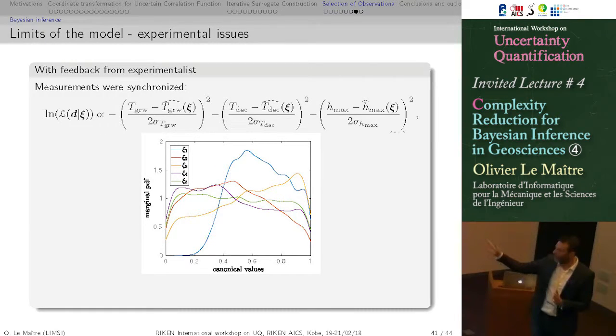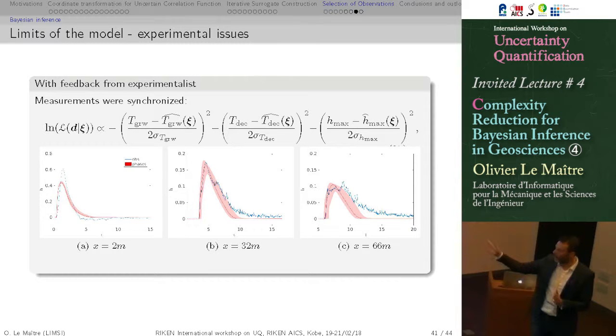So this is the location I was presenting before. So that's 32 meters downstream the gate. You see that it greatly improved the inference in the sense that now we have a posterior range that, in my opinion, is way more reasonable compared to the previous one.